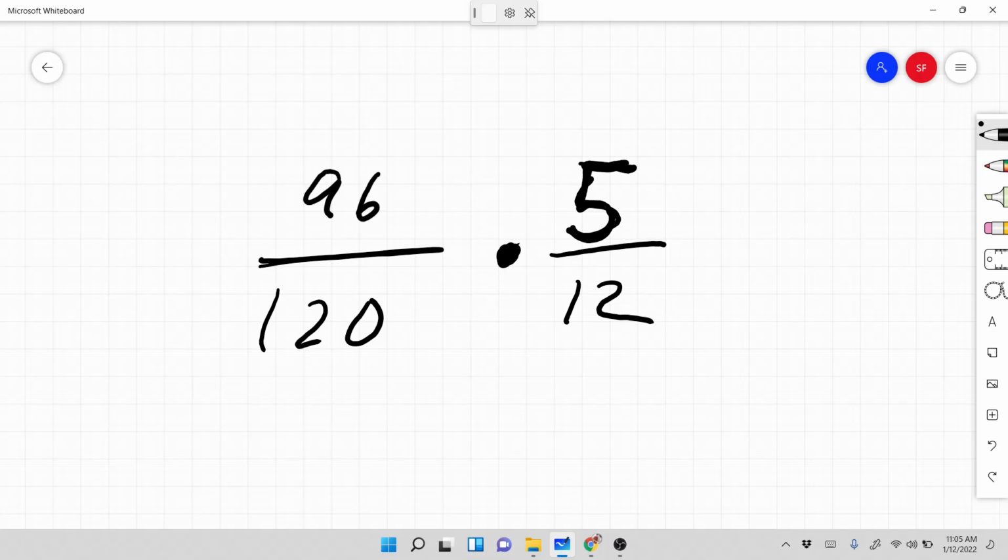Which ones are you reducing? 5 and 120. Oh yeah, so you're doing that. So the 96 and 12, what goes into both of those? Yeah, 6 does. What's 12 divided by 6? 2. What's 96 divided by 6?